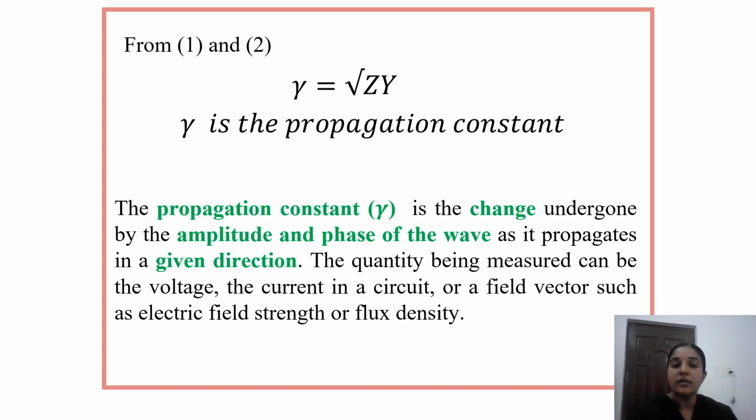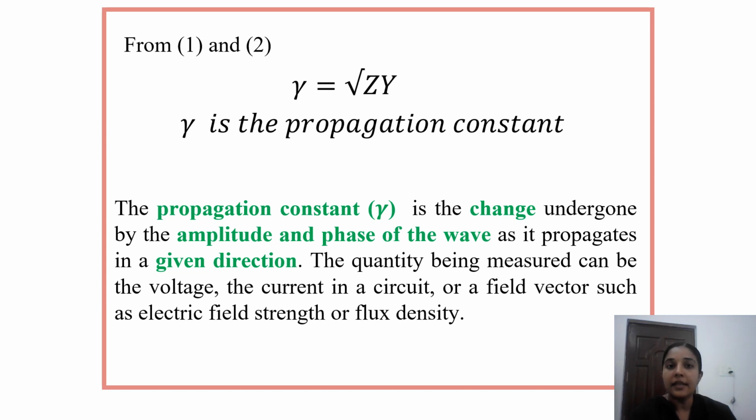It is denoted by gamma and it is given as gamma is equal to square root of ZY. What is this propagation constant? This propagation constant is the change undergone by the amplitude and phase of the signal that we are transmitting when it propagates from one point to another.